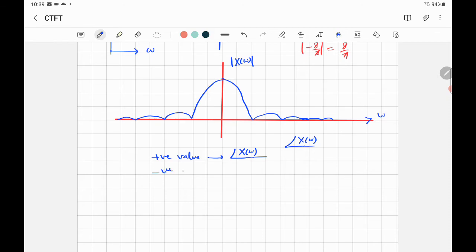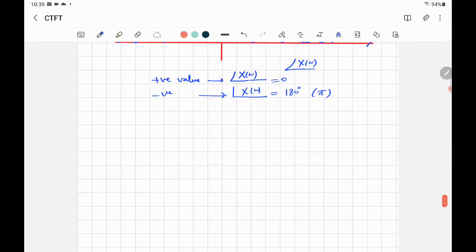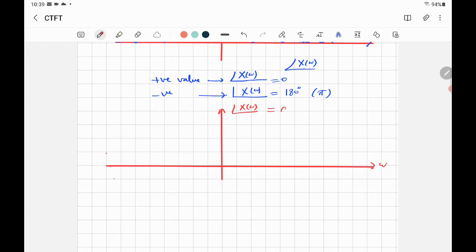If the value is negative, the angle of X of omega, not equal to 0 like that one, will be equal to 180 degrees, or we can say pi. So let's see how we sketch the angle. That's omega, and that's the angle. Sometimes we write the angle like that, the argument of X of omega, the same thing. You can write it like that or that.